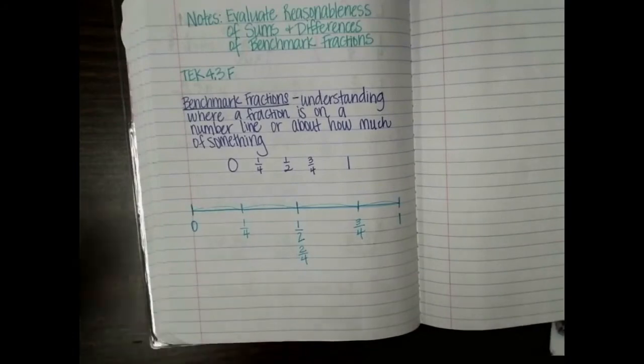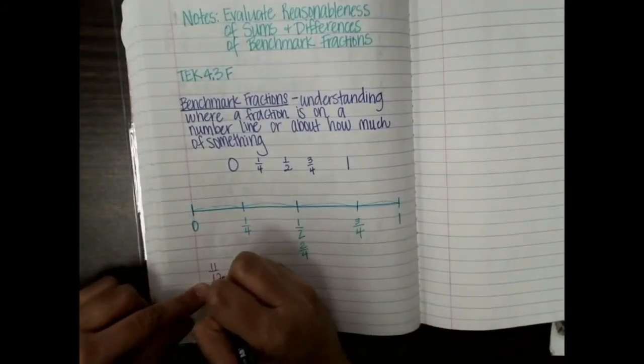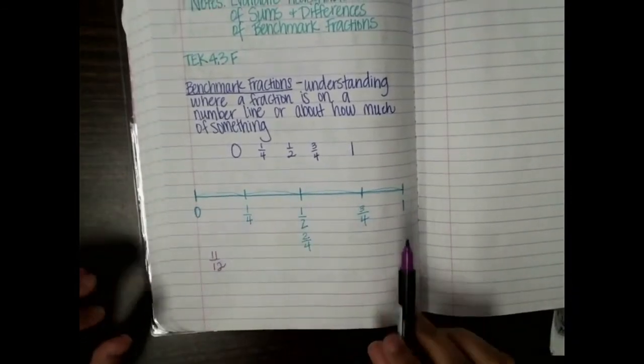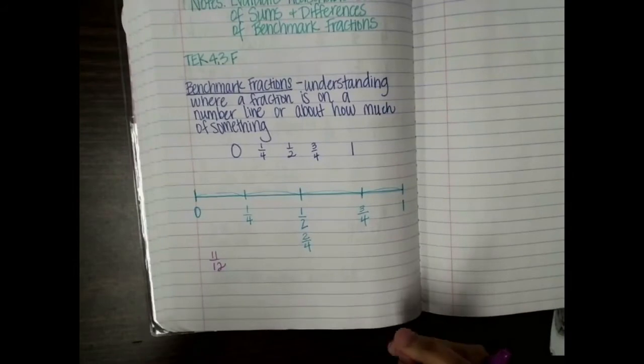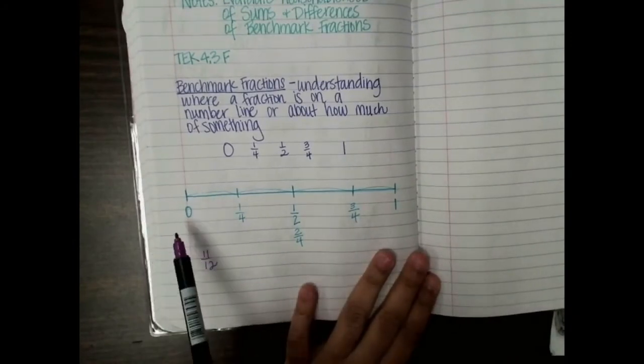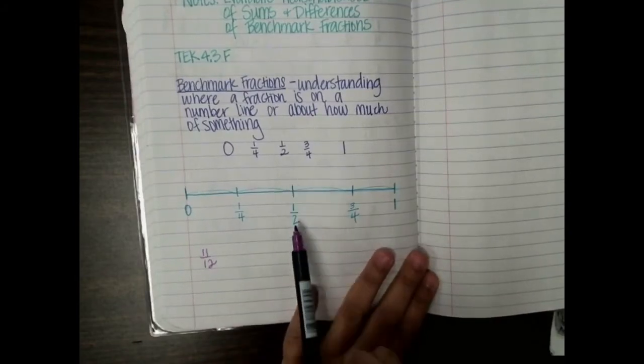So let's say we had the fraction 11/12. I don't want you to cut this up into 12 pieces. The whole idea of benchmark is you can automatically kind of tell me, I know it's close to this. If you just imagine, this is 0/12. The equivalent to 12ths over here would be 6/12.